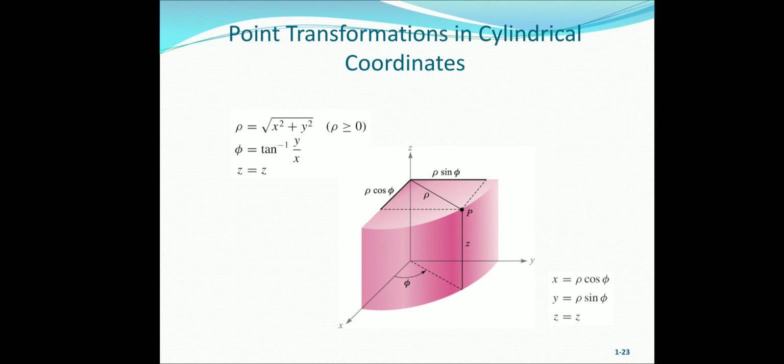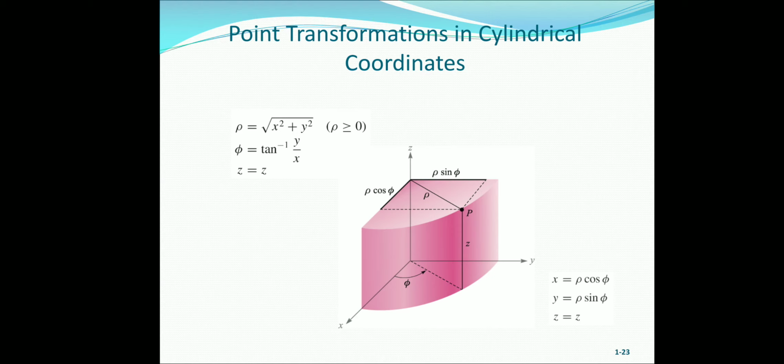Next we can see the point transformation in cylindrical coordinates. That means how the cylindrical coordinates and rectangular coordinates are connected. So we can consider the point P. If we project that point P onto the xy plane, it will intersect at a point.